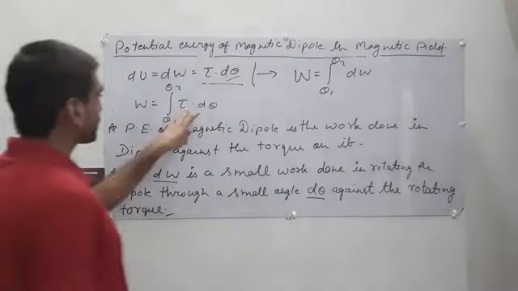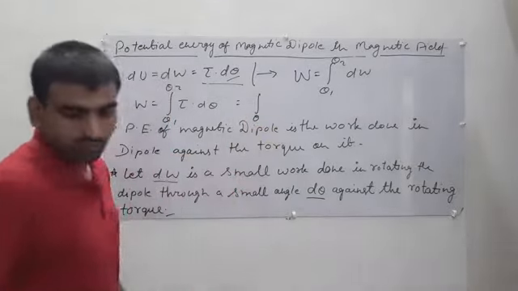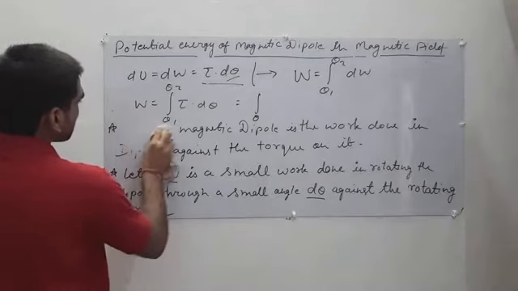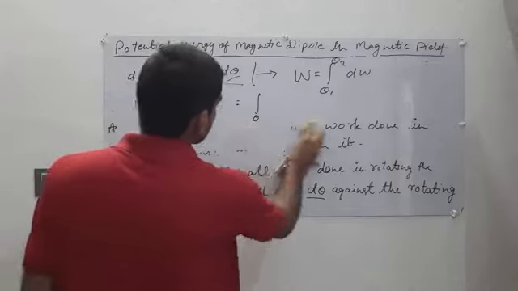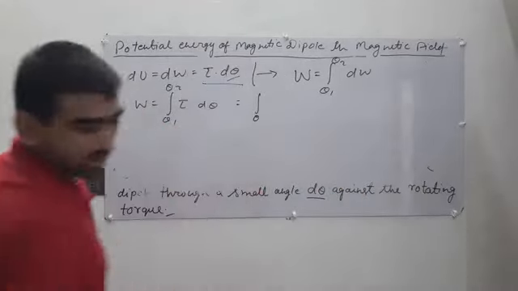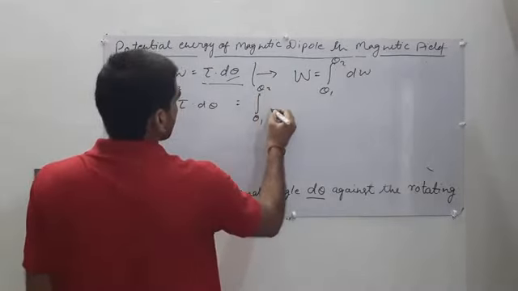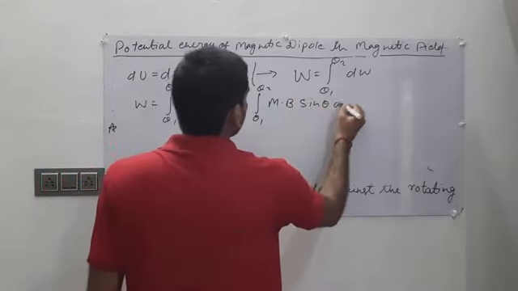What is the value of tau? The value of tau, you know, is m into b sin theta, and d theta.